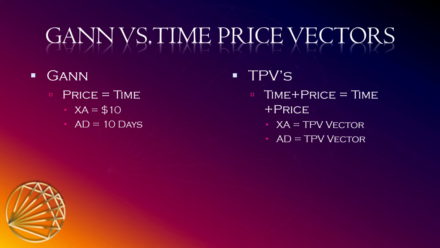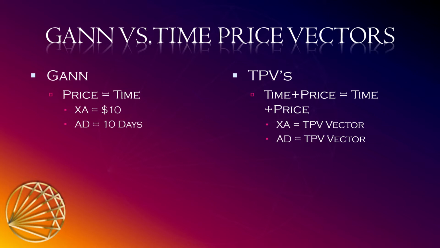for the time, how many days did it take to complete the XA leg, and we'll blend that number with the price range of the XA leg. Then we compare that vector number with the AD vector number, determined in the same fashion.